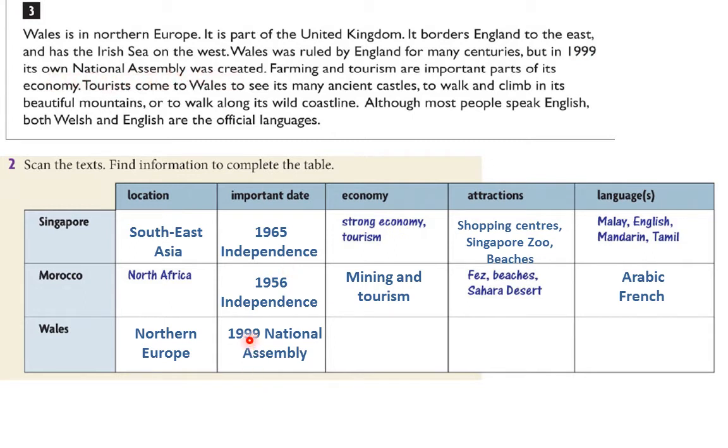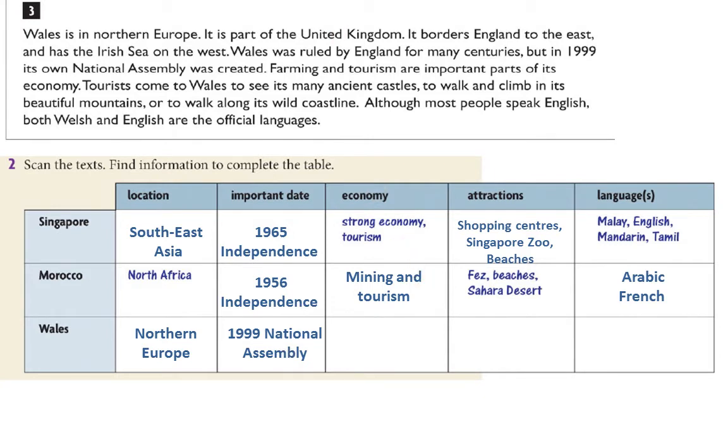So we can write 1999 National Assembly. Assembly means, for example, Majlis Nawab, or maybe an official group of people who have control over the city.